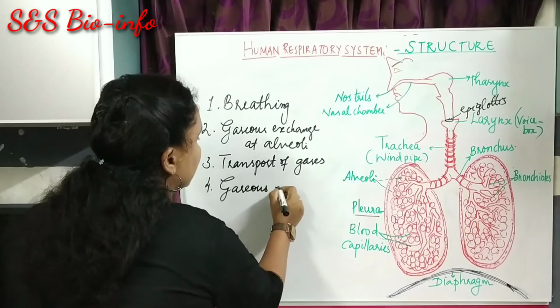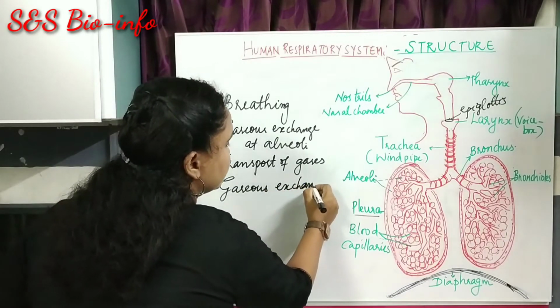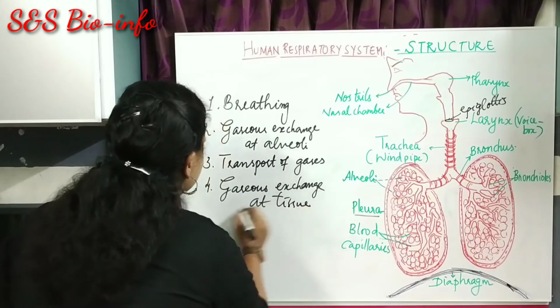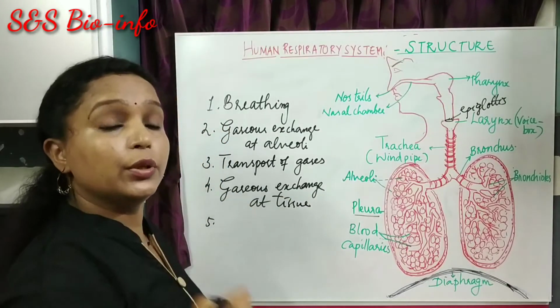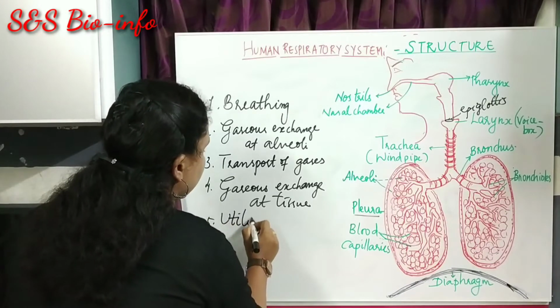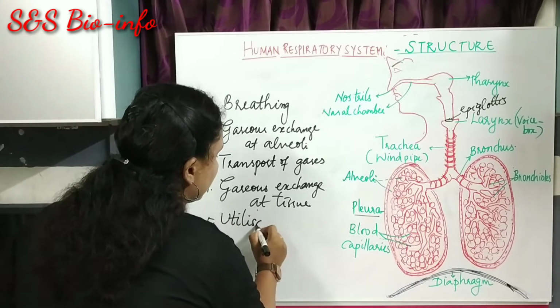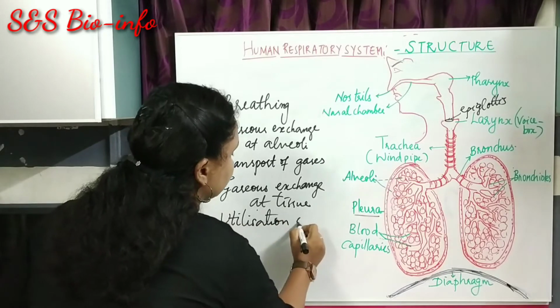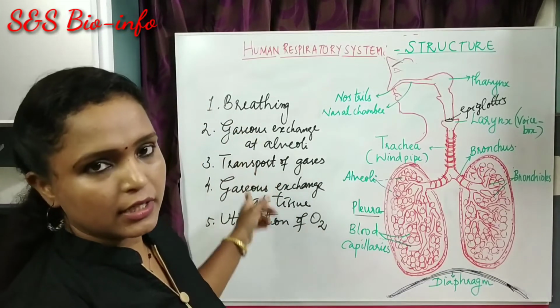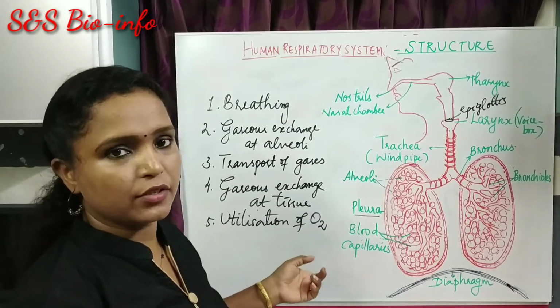Gaseous exchange at tissues. Fifth one, utilization of oxygen. Utilization of oxygen. These are the 5 steps involved in respiration.